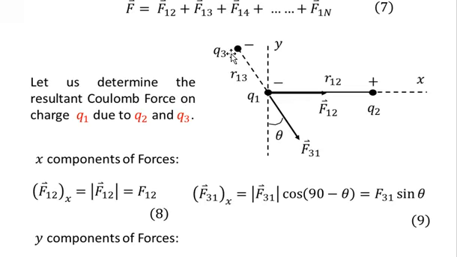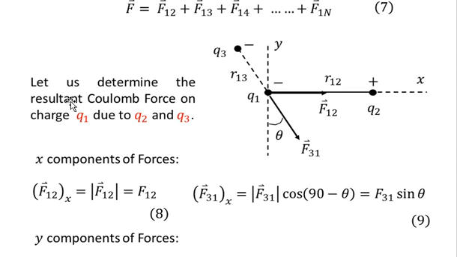The separation between Q1 and Q3 is R13 and between Q1 and Q2 is R12. Now I have two vectors on Q1. One vector is along the x direction, represented by F12, and the other makes an angle theta with the minus y direction, and the force is F31.